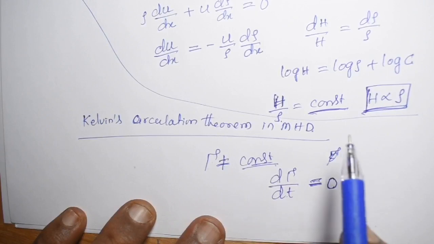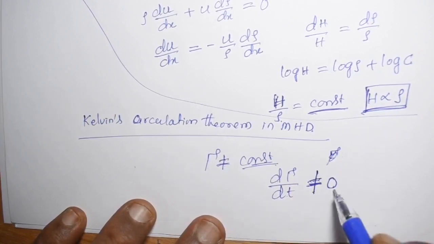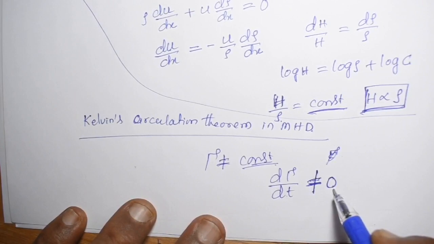In fluid mechanics, we proved that capital gamma is constant, which means dΓ/dt is equal to 0. But here we have to show that it is not constant, which means you have to show dΓ/dt is not equal to 0. Okay, so that is our aim.